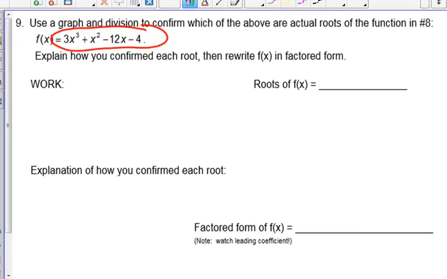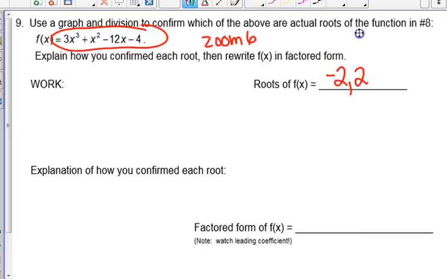Okay, if I start with a standard window of Zoom 6, actually, I can see the zeros, so a Zoom 6 is okay. I can tell it's crossing at -2 and 2.